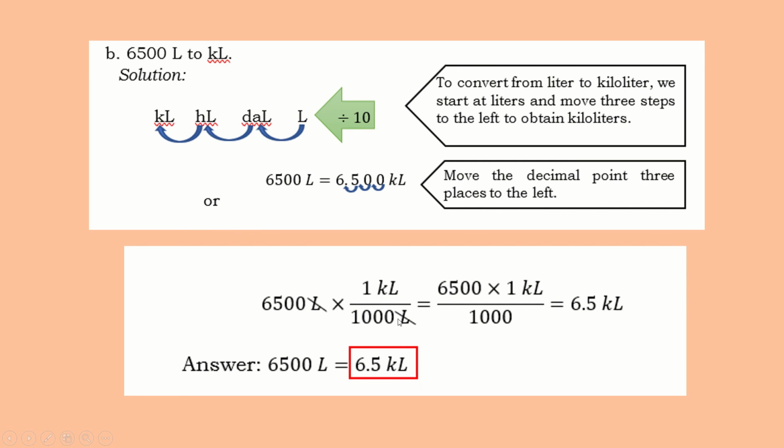So now we cancel, and ang bilin na lang is 6,500 times 1 kiloliter over 1,000. Therefore, the answer is 6.5 kiloliters. So 6,500 liters is equal to 6.5 kiloliters.